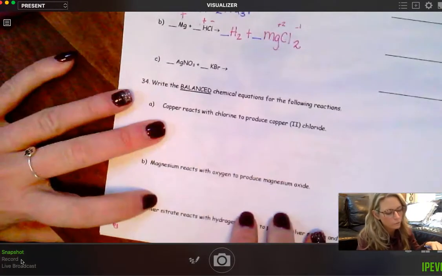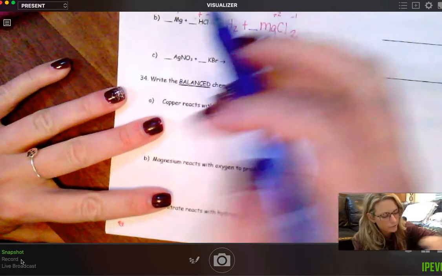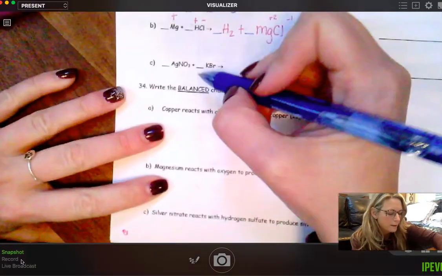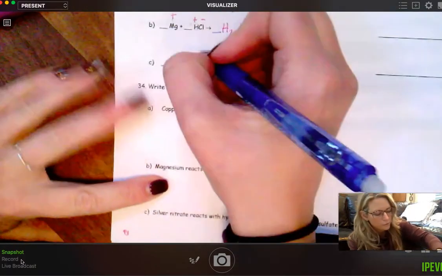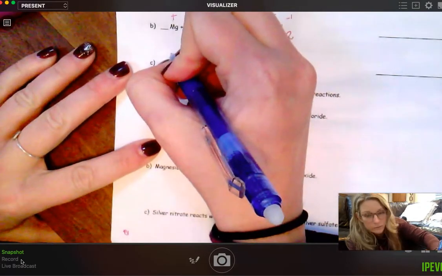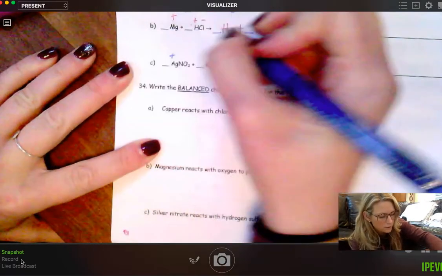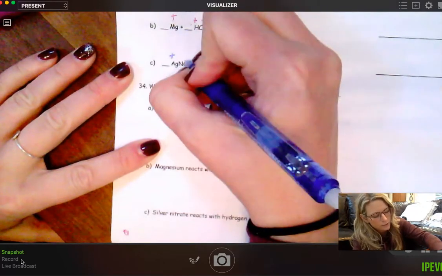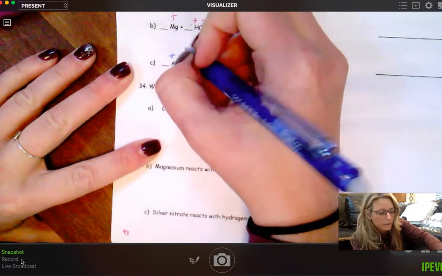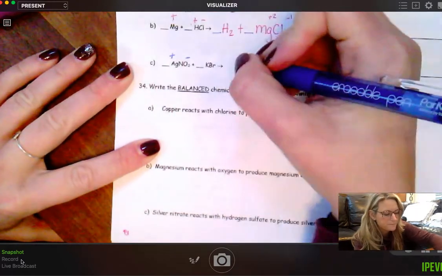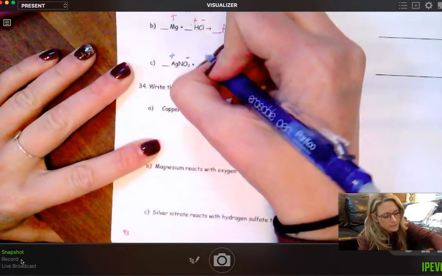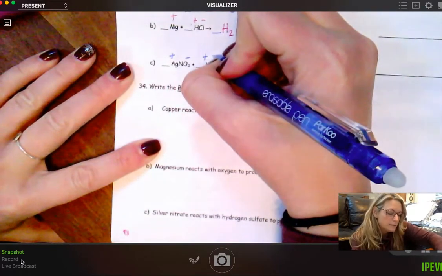Okay. The third one down here is AgNO3. This is silver nitrate and potassium bromide. So we're going to figure out, okay, silver is a metal, so it's a plus. And nitrate is a polyatomic ion on the back of the periodic table. It's a minus. Potassium is a plus, and bromine is a minus.